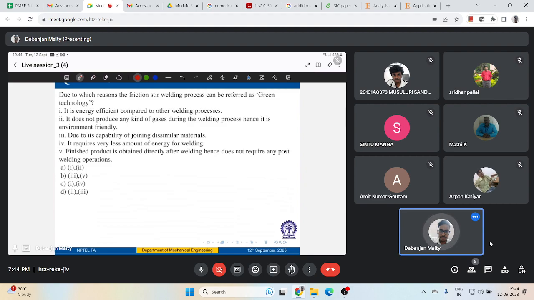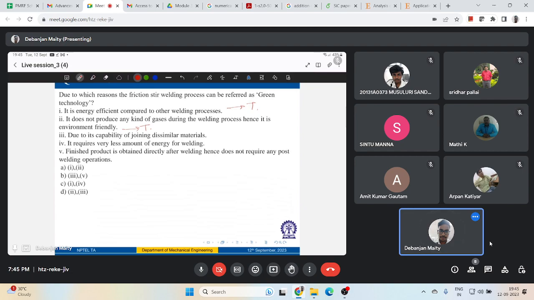Due to which reasons can the friction stir welding process be referred to as green technology? Okay, it's energy efficient compared to the other welding processes. This is true. It does not produce any kind of gases during the welding process. Yes, this is also true. There is no melting happening over there. Like in fusion welding, a lot of porosity occurs because of gas entrapment, air entrapment.